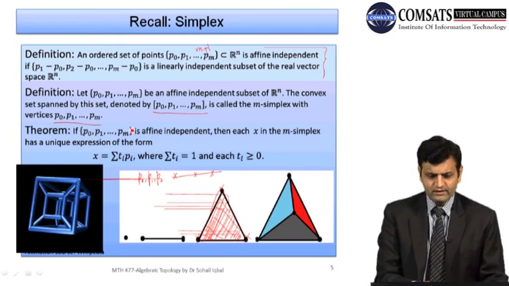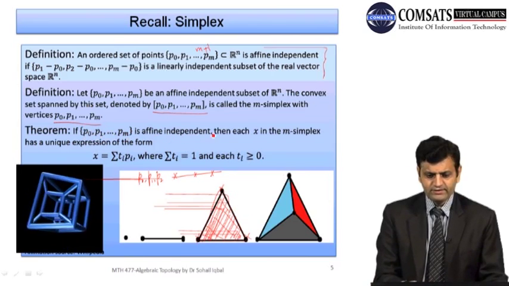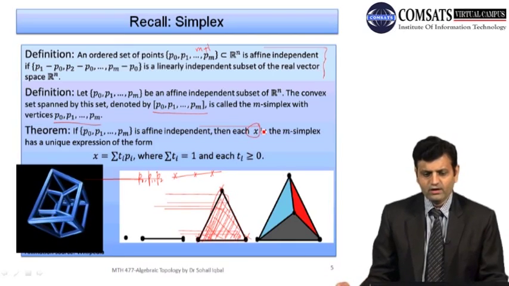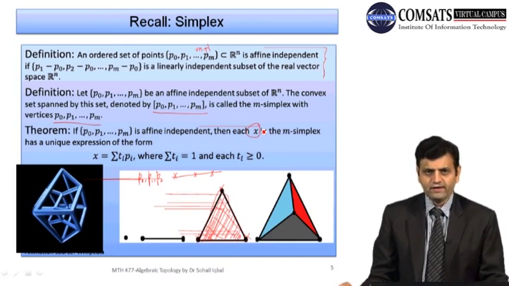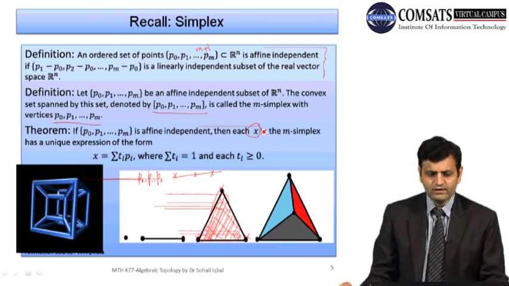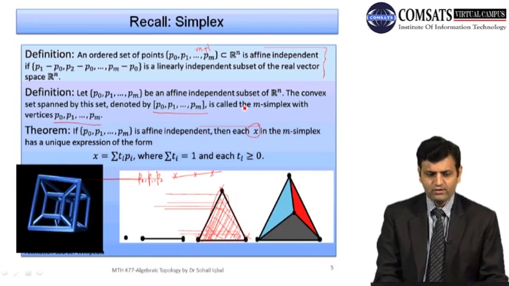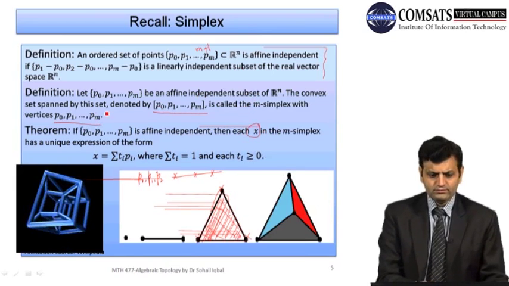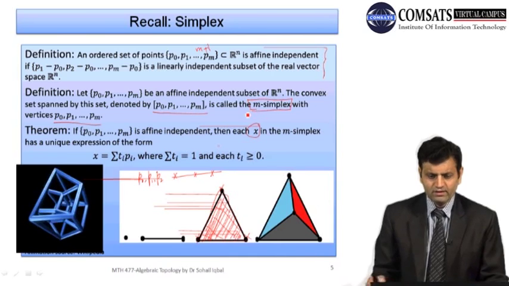So if the m plus 1 points p0, p1 up to pm are affine independent, then each x, now we are going to describe an easy way of writing down the elements of this smallest convex set containing these points, in other words, the m-simplex.